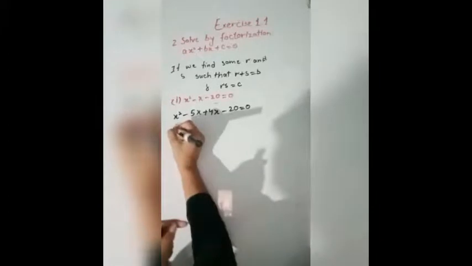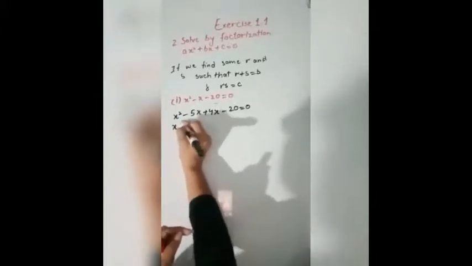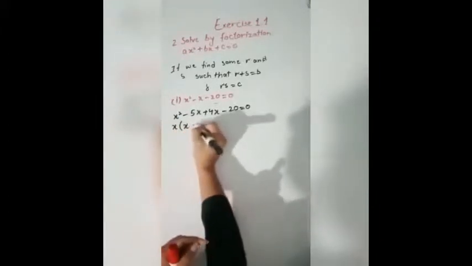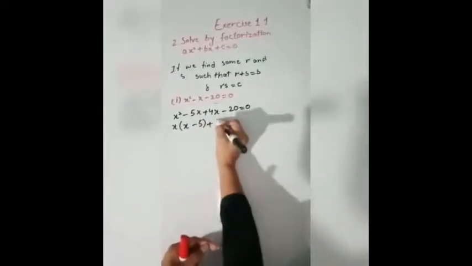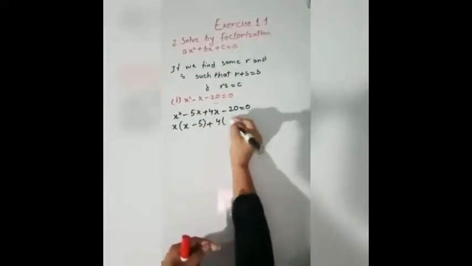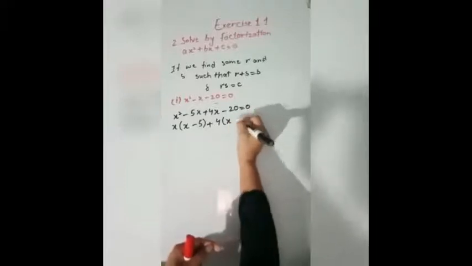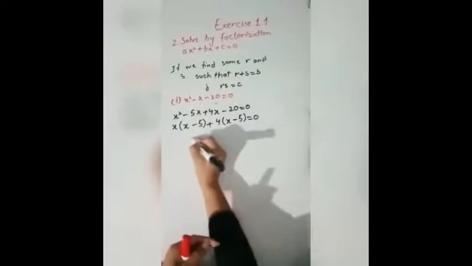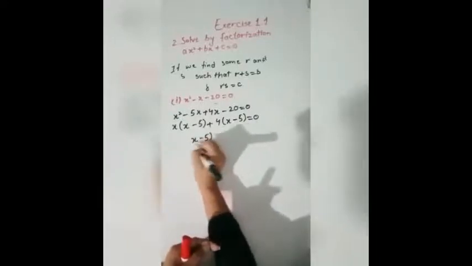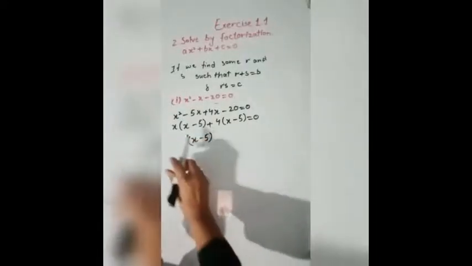Now here we can take x as common, x minus 5, and from this we can take 4 common, x minus 5 is equal to 0. Now we have to write in factors form.